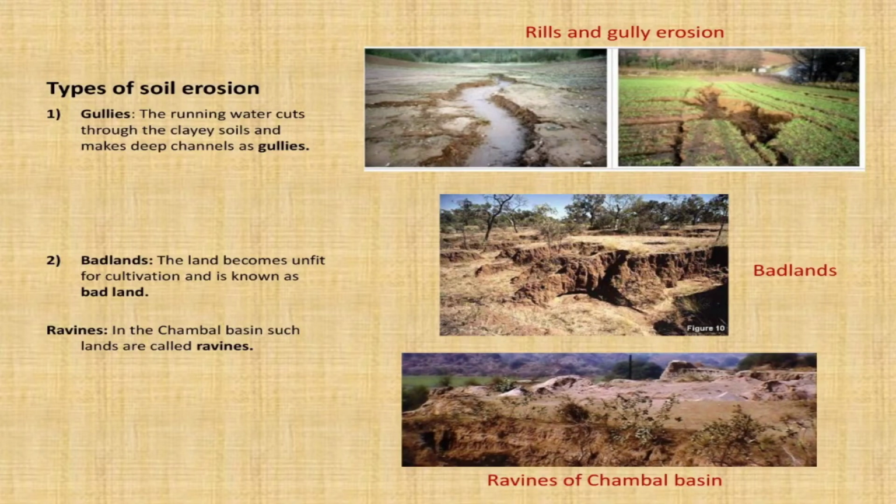Second one is badlands. The land becomes unfit for cultivation, which is known as badlands. For example, ravines. In the Chambal basin, such lands are called ravines.